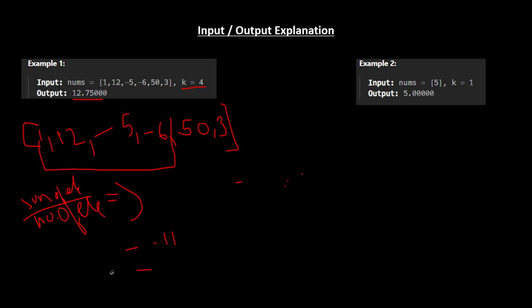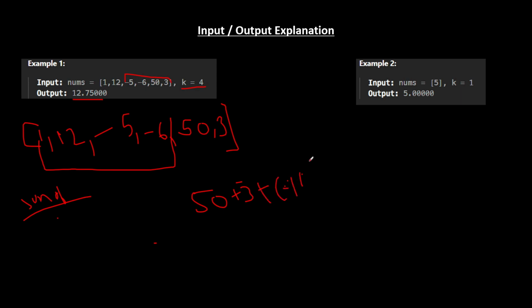Okay, so now let's try another one. Let's take 50. Basically, let's take the last four elements: 50 plus 3, and plus minus 11, because when we add minus 5 and minus 6, we get minus 11.